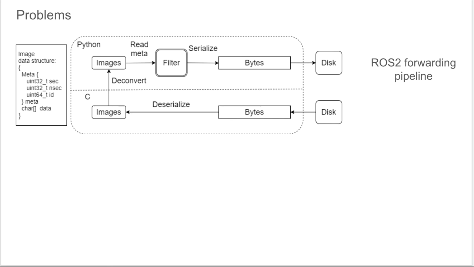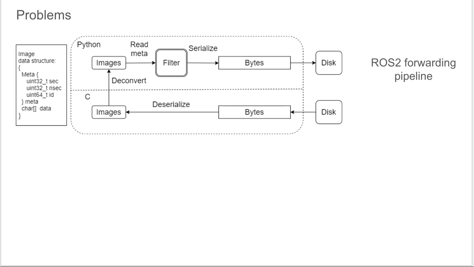And as the component is implemented in the Python language, the C message is deconverted to Python messages. For the filtering step, it reads the metadata and updates the data, and then serializes it as bytes before transferring to other disks.